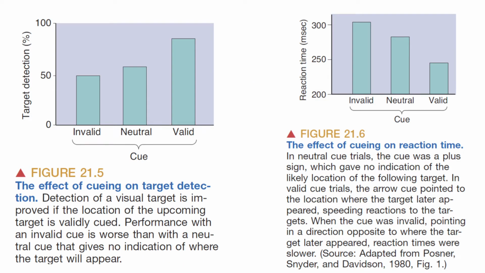So figure 21.5 shows that subjects are more able to detect the cue when the cue appears at the same place where the attention was directed. For example, when you direct attention to the left and the stimulus appears on the left, you can detect it easily, as compared to neutral or invalid, when the attention is directed to the left and the stimulus appears on the right.